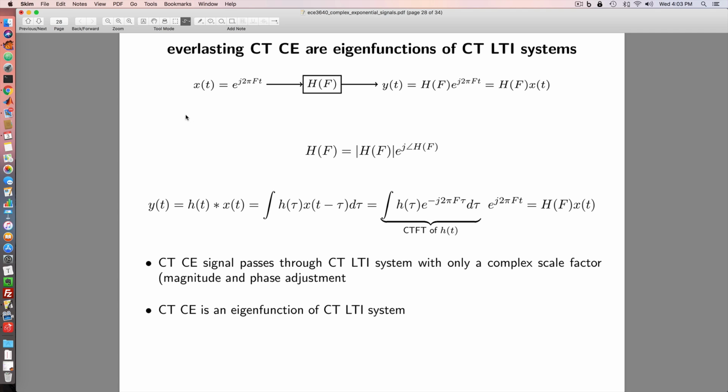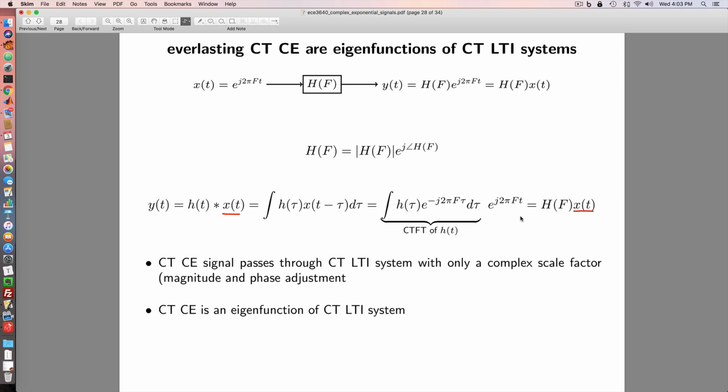But I know in previous coursework you've seen continuous time linear time invariant systems, and they obey convolution. If you take one of these complex exponentials and put it in and do convolution, what you find is that what comes out is the same thing that went in. We put x into the convolution, and we got x out. The only thing that changed is we have this complex number scaling x.